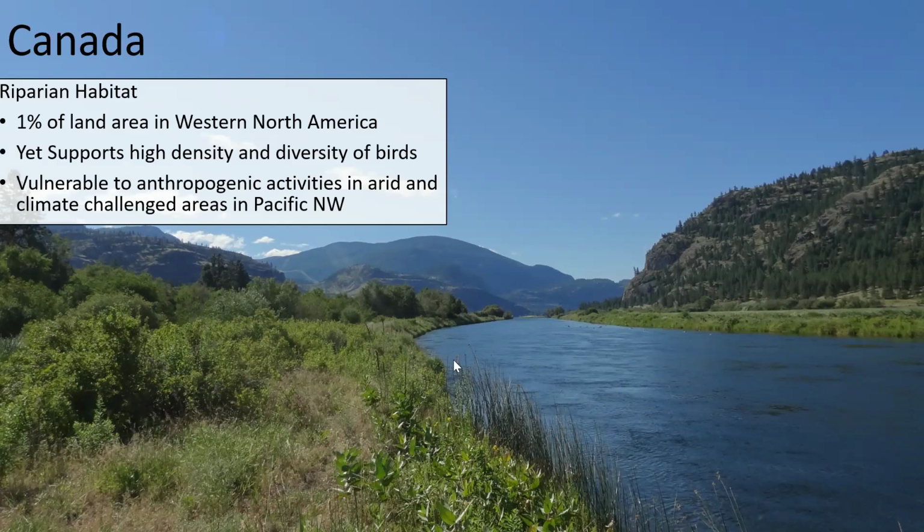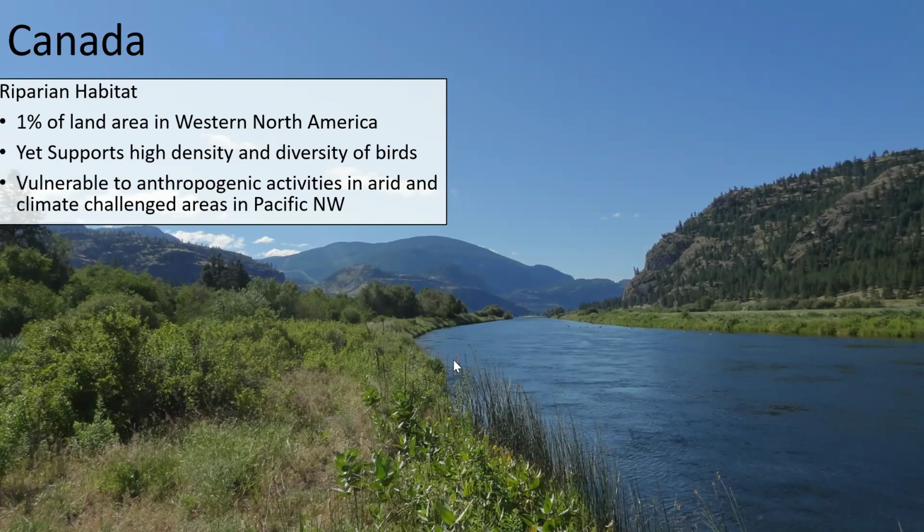I live and work in the province of British Columbia, in the west of Canada. Most of my monitoring program is in the Okanagan Valley, which is unique. It's a dry valley. It has over 44 species at risk in Canada.